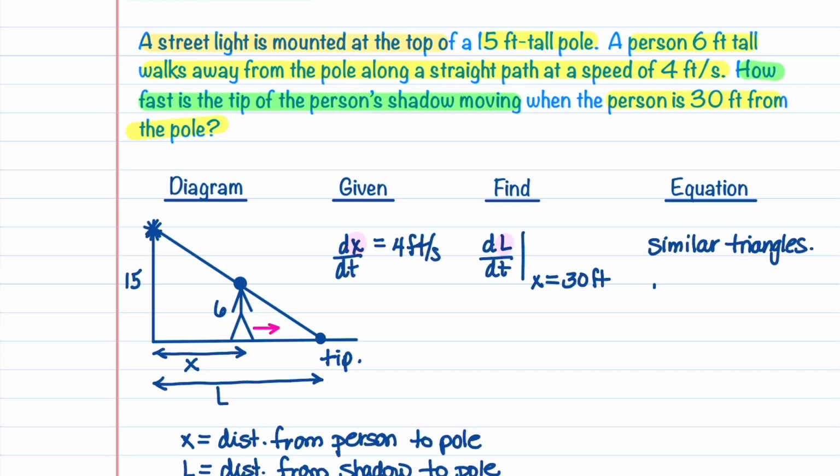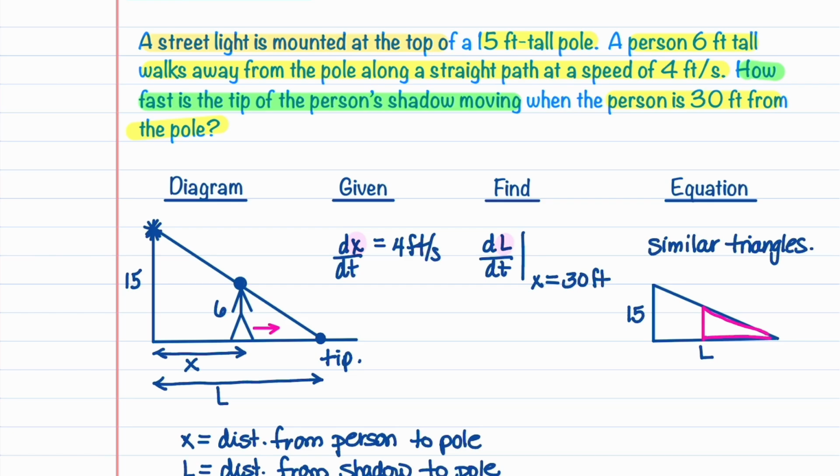I'm going to go ahead and copy down our big triangle. And let's go ahead and label this. We have this side is 15, and this distance is L. And now we're going to have a smaller triangle, and that's going to be the height of the person, and then this length right here.